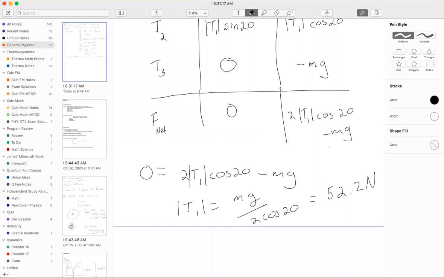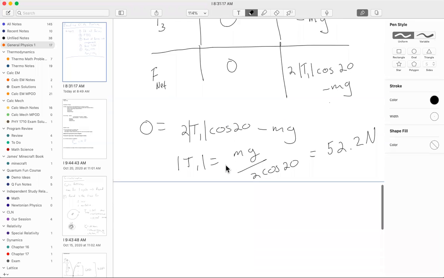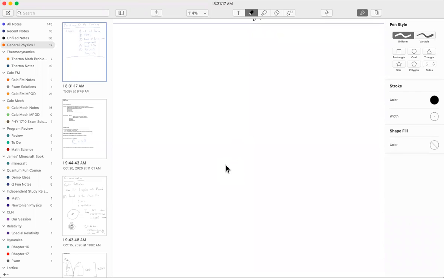Okay, let's try another problem. Another problem we have on Sapling is a tetherball sort of situation where you have a ball on a rope, and we are told that there's wind. So there's wind acting to the right on this rope, which has some tension T. I don't know what T is.